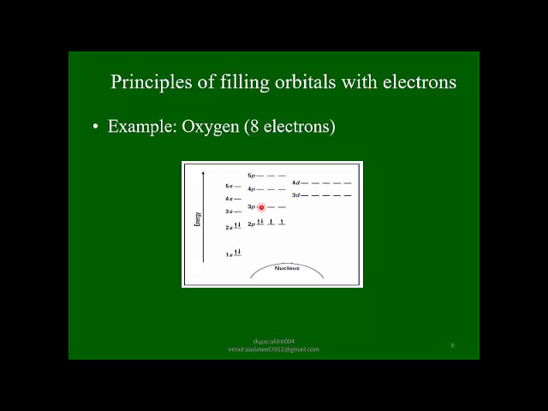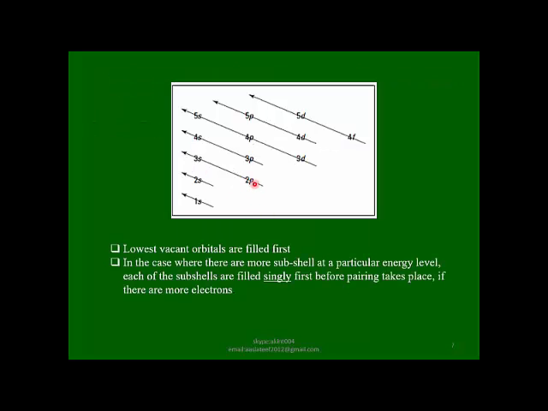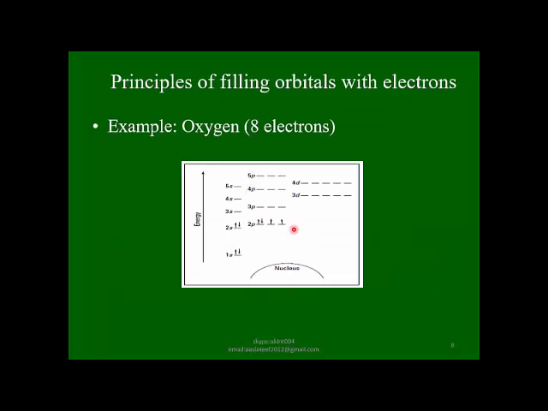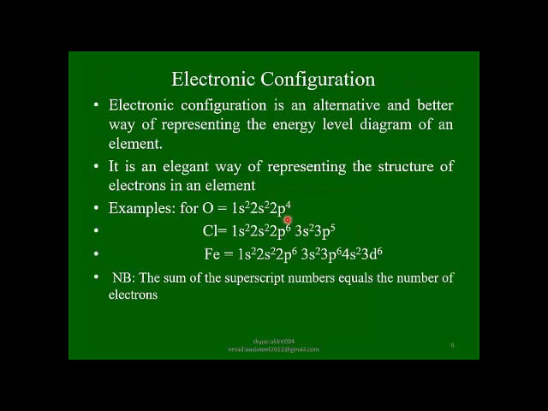Then after 2s we have 2p. So that's what we have done here. 4 electrons. So we write all the 4 together because we don't need to split them into px, py, and pz here. We can just put it as p4.